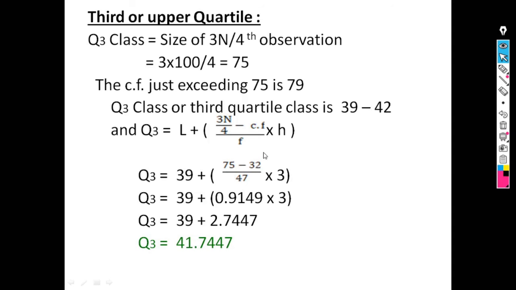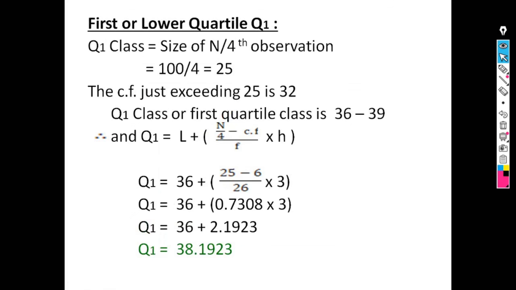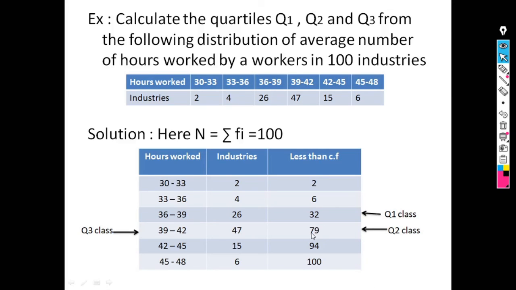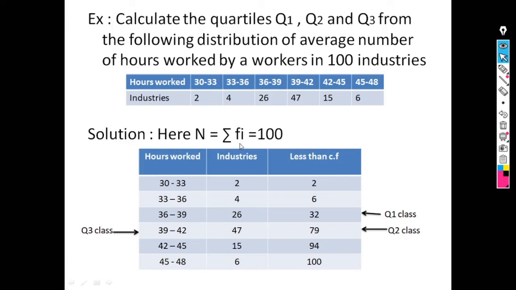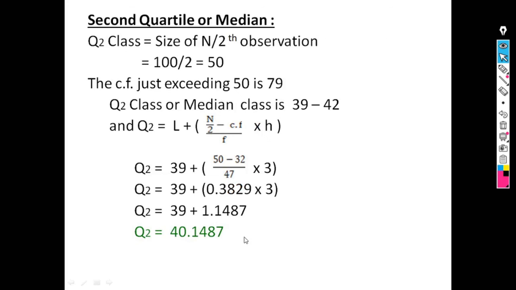CF means the cumulative frequency just preceding that class, which is 32. Now F, the frequency of that class, is equal to 47.